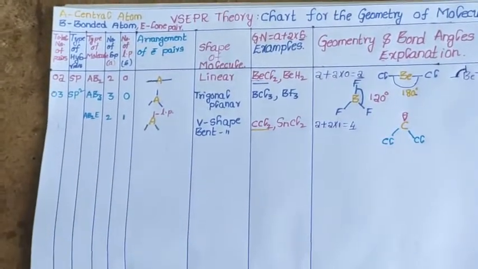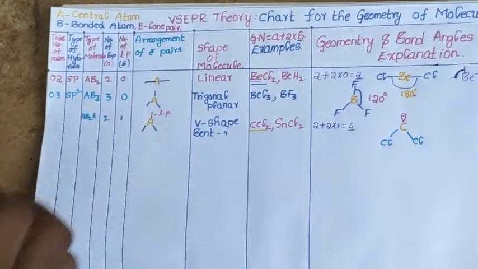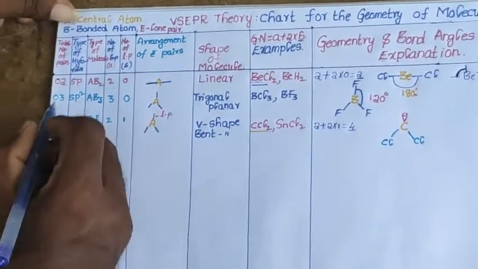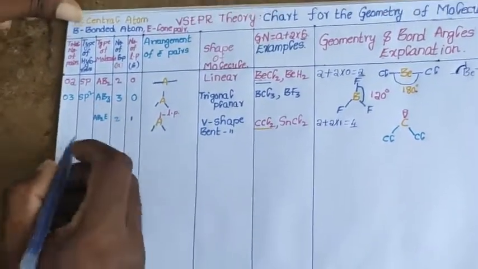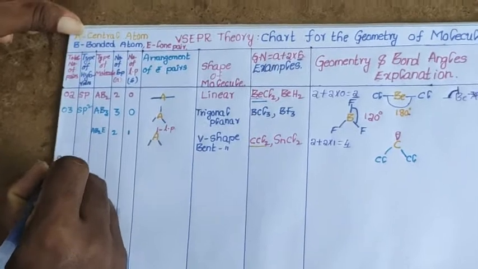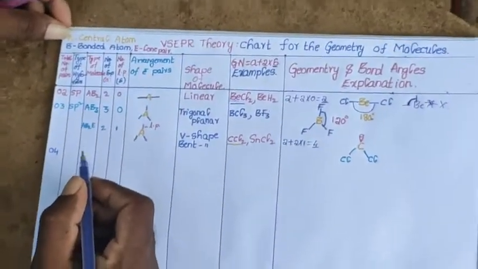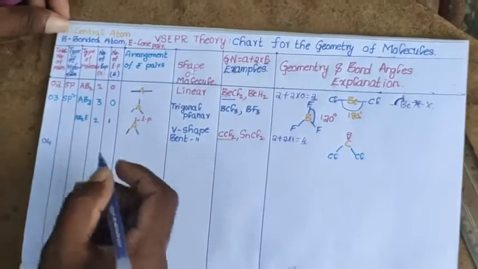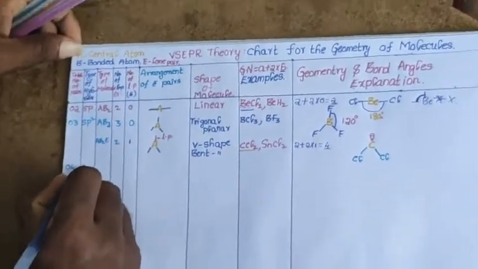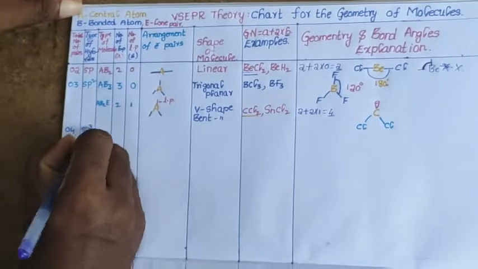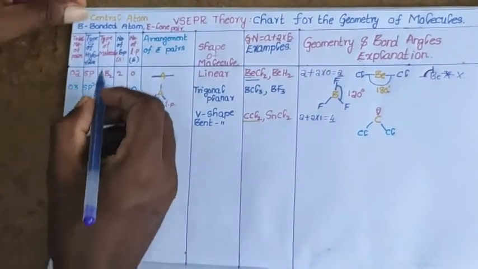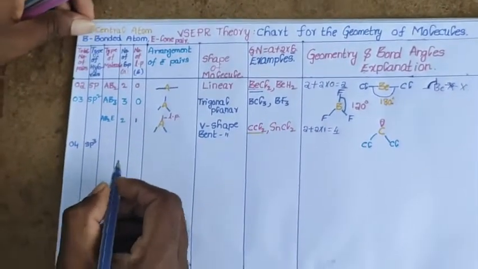Next one. 2 and 3 are completed. Next one is 4. What is the hybridization? sp3. So what are the possibilities we have?